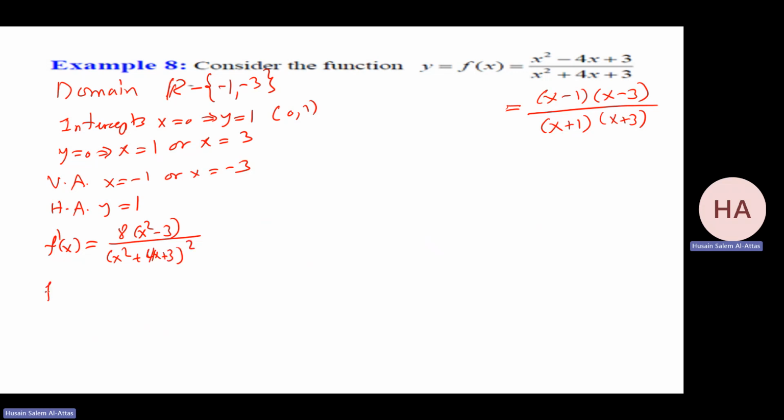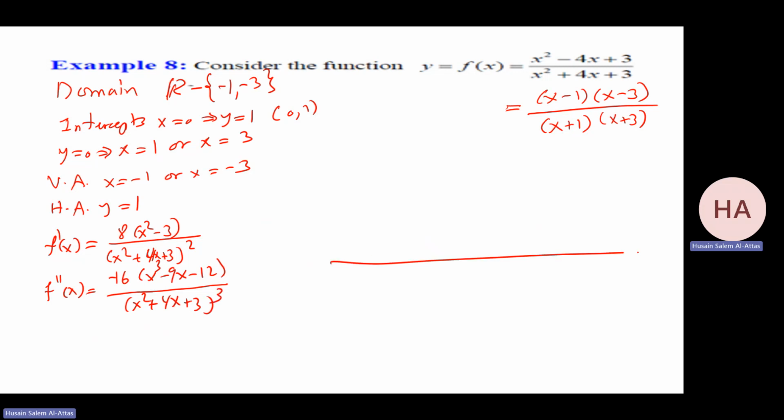And I will do just f double prime equal minus 16 x cubed minus 9x minus 12 over x squared plus 4x plus 3 cubed. I think you can do it easily.